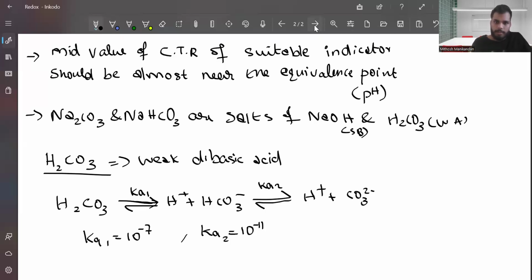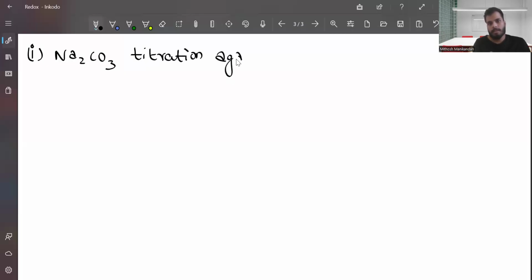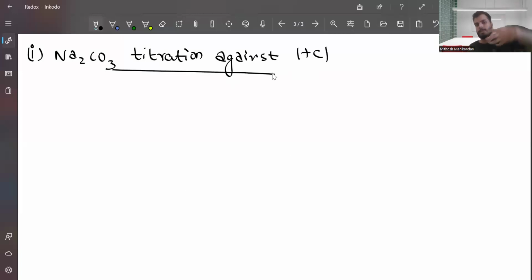I'll go to the next page. You can take the screenshot or you can write. So let's see Na2CO3, first titration of Na2CO3 against HCl. Suppose we are dropping HCl into a flask which contains Na2CO3. So what will happen?